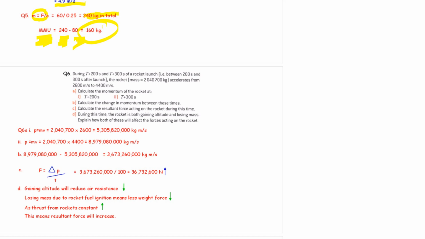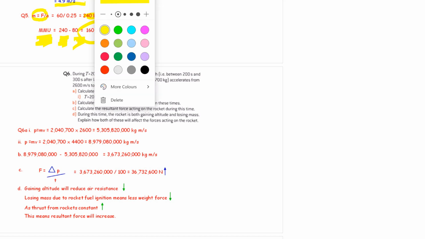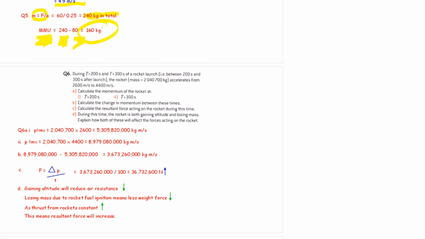Okay, we're trying to calculate the momentum of the rocket. Momentum is given by the term p. p is m times v. The mass, 2,040,700 kilos, there it is, multiplied by the initial speed, which is 2,600 meters a second, gives us a momentum at plus 200 seconds of this value here.